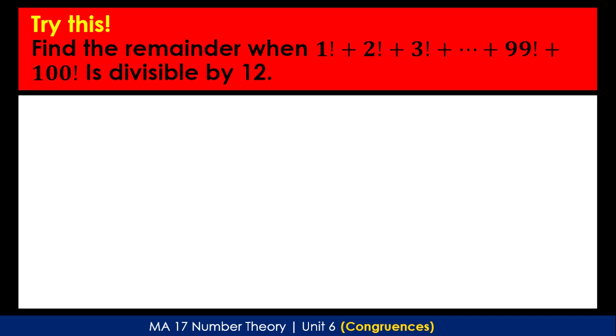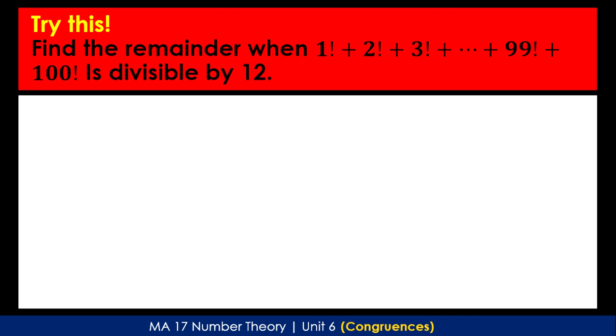Our next theorem has something to do with the factorial. To solve this, we should recognize which values from 1 factorial up until 100 factorial are divisible by 12.